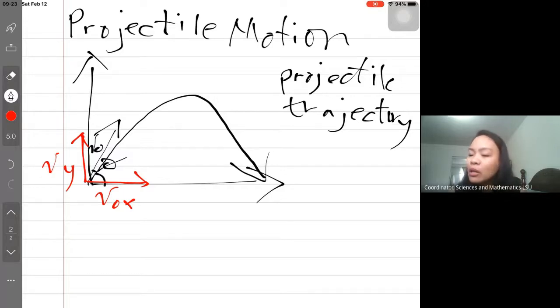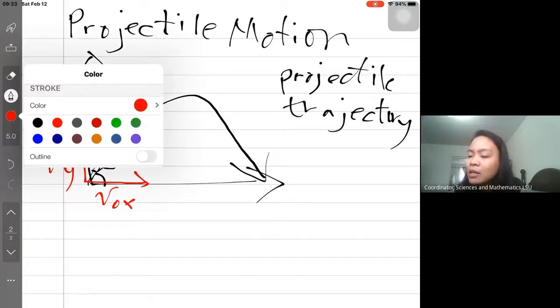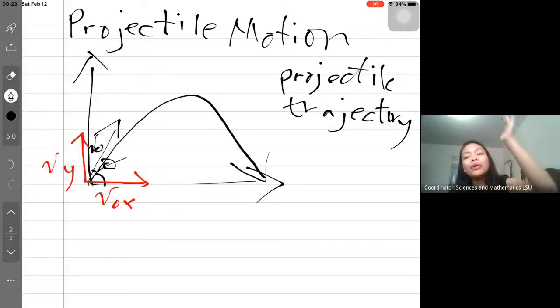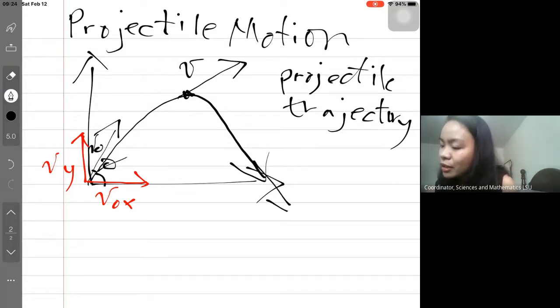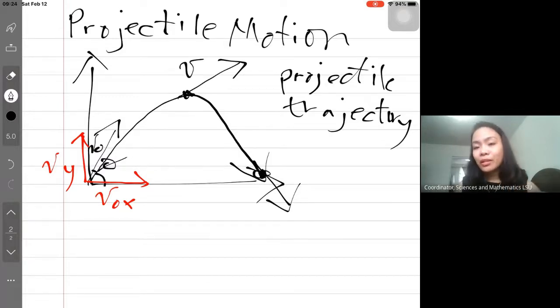Now our projectile is going up towards the highest point here. Our projectile again is the object. It follows a curved path, and the curved path is the trajectory. There is, of course, the velocity at the highest point, and also the velocity at the endpoint where our projectile lands.